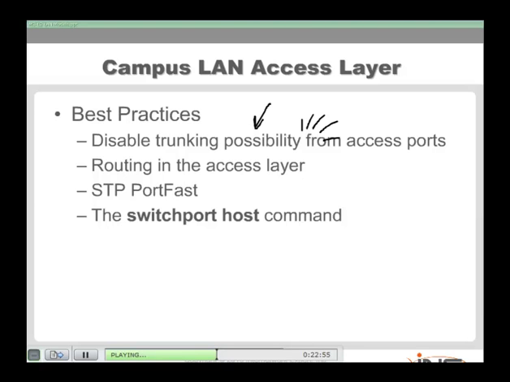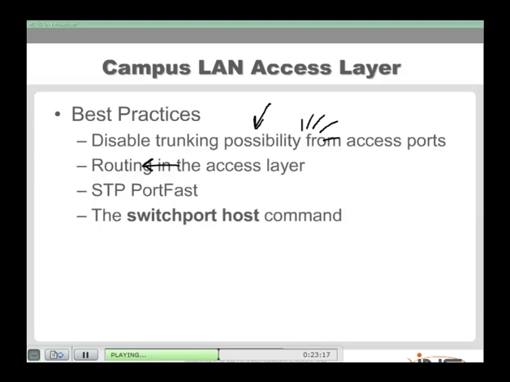Something else we covered early today on day two, we talked about all the different flavors of those first hop reachability protocols. So your HSRP, your VRRP, your gateway load balancing protocol, these are typically going to be implemented at this important distribution layer.